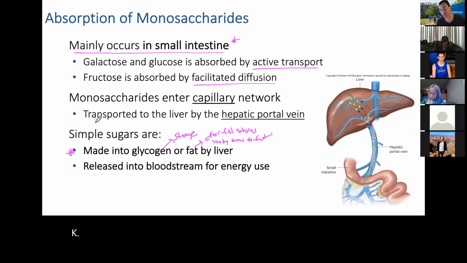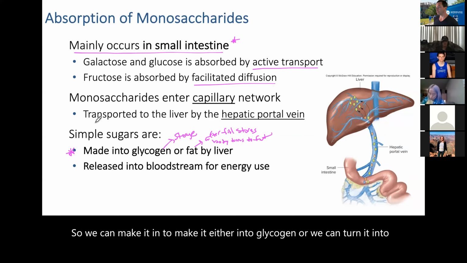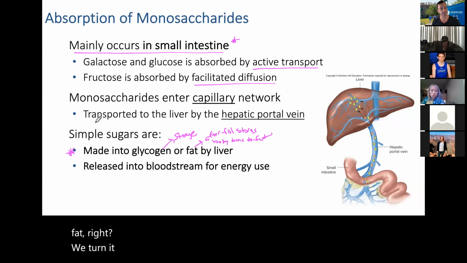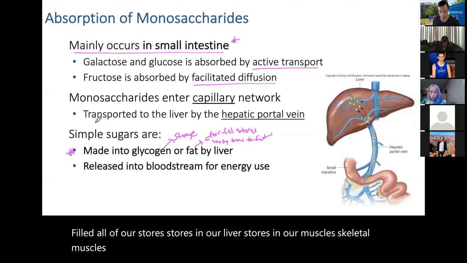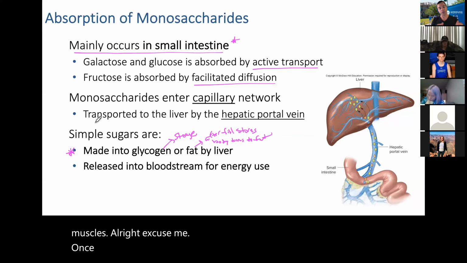So we can make it either into glycogen, or we can turn it into fat. All right. We turn it into fat after we've filled all of our stores. Stores in our liver, stores in our muscles, okay, skeletal muscles. Once we've filled those stores, we convert it into fat.